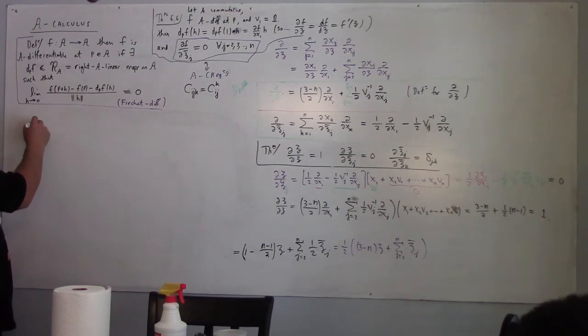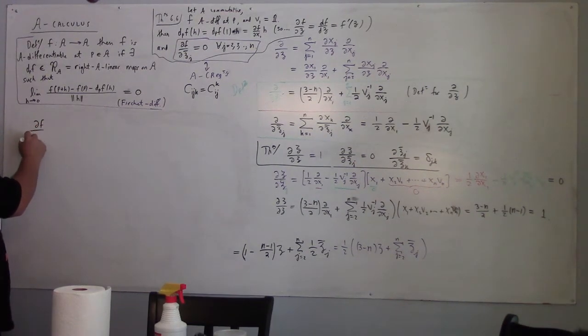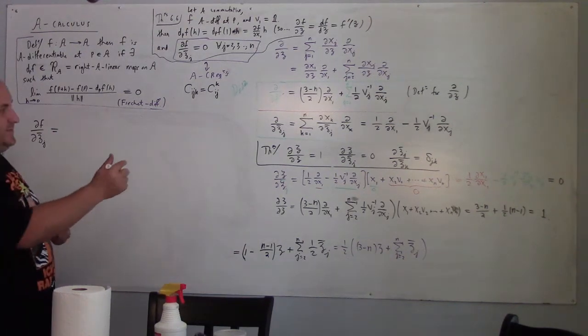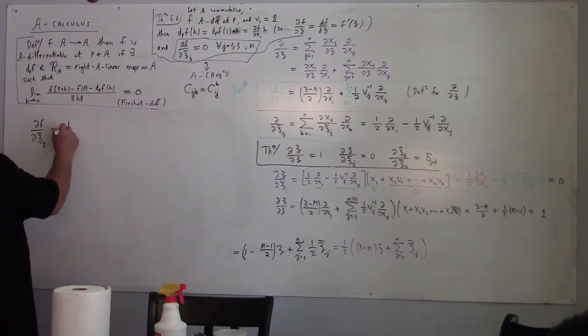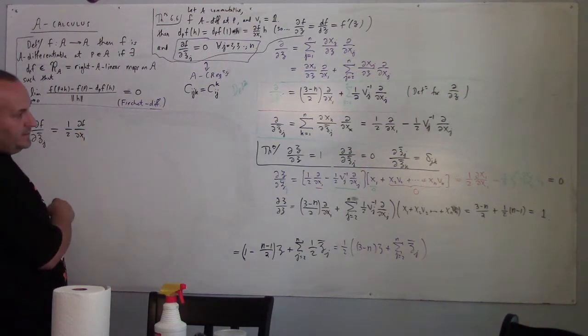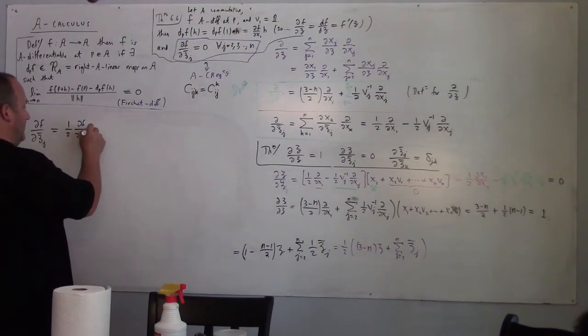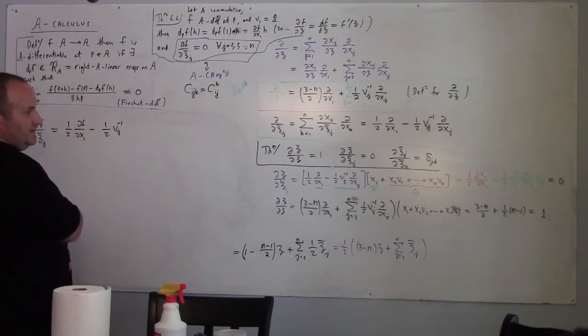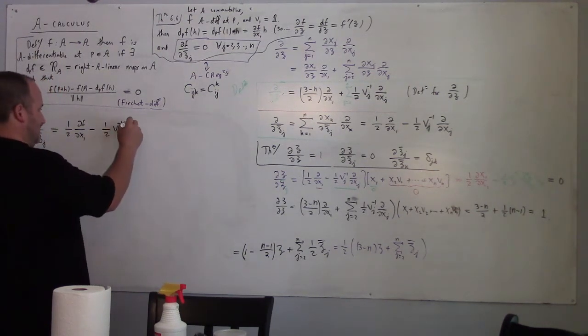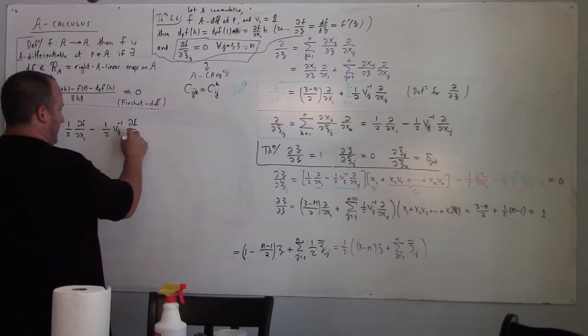So what is partial f, partial zeta bar j? What was the definition? Partial zeta bar j is over here. So it is 1/2 partial f partial x1, minus 1/2 Vj inverse, partial f partial xj.